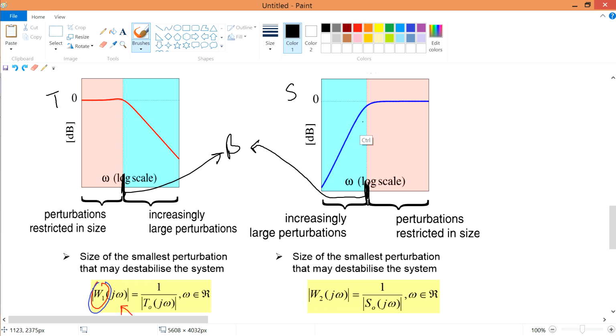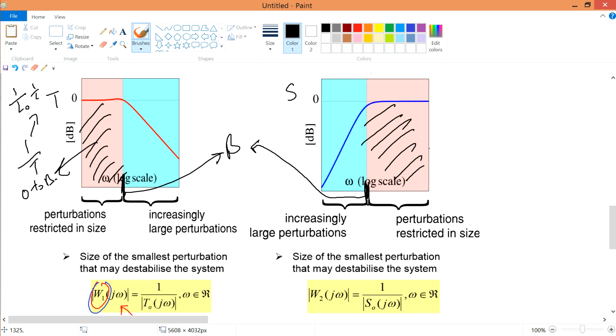We also discussed that as for 1 over T, this relates to the system of 1 over L0 and 1 over L, if you still remember. 1 over T relates to the system where it is 0 to B, which is this portion, you're considered stable. Likewise for S, this over here you're considered stable, because you are constantly giving an output. You actually didn't go down to a certain extent.